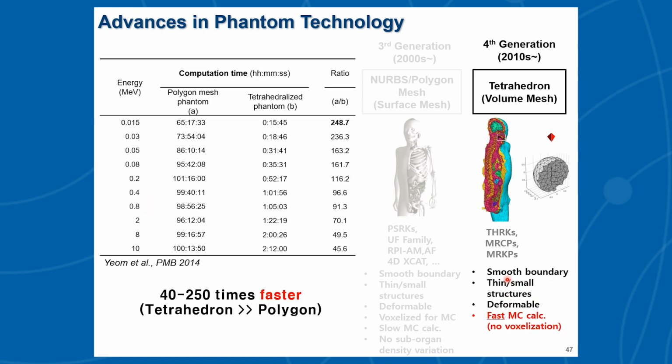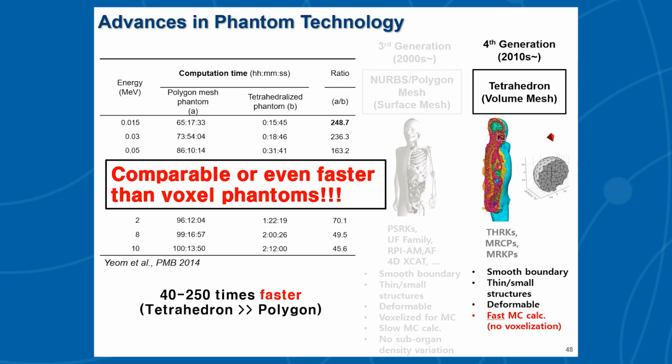Instead, the tetrahedral mesh phantom can dramatically accelerate the Monte Carlo dose calculation speed compared to the polygon mesh phantom, by up to 250 times. This means that the computation speed of the tetrahedral mesh phantom is generally comparable to, or even faster than, the voxel phantom in some cases.